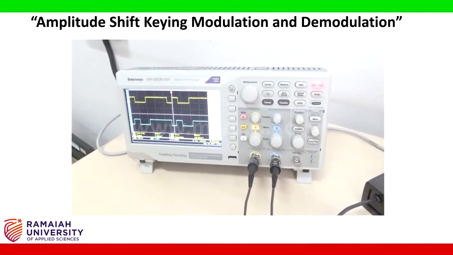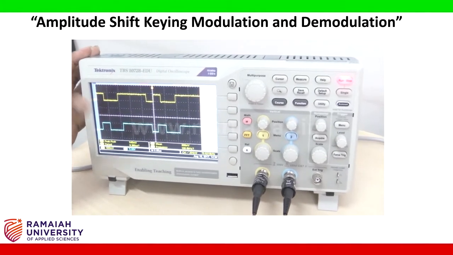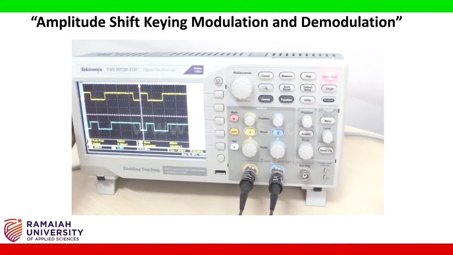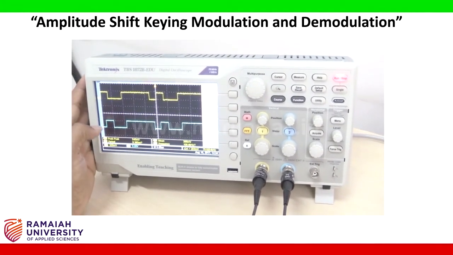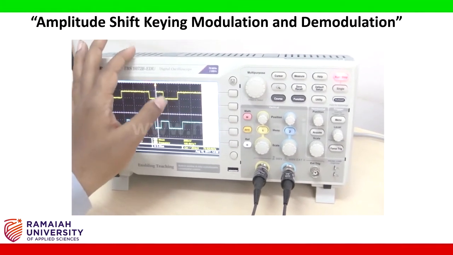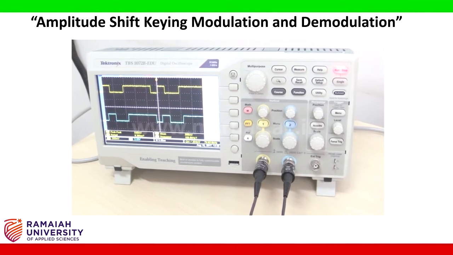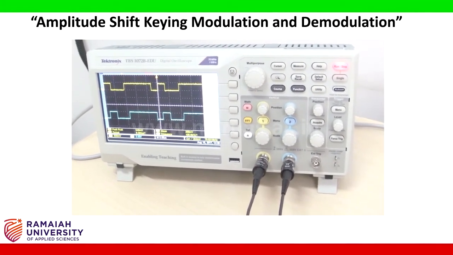Now you can see the transmitted digital data is modulated through amplitude shift keying and demodulated, and now we are getting the same stream of data which is transmitted as well as the received data. This is what the amplitude shift keying, modulation and demodulation is.